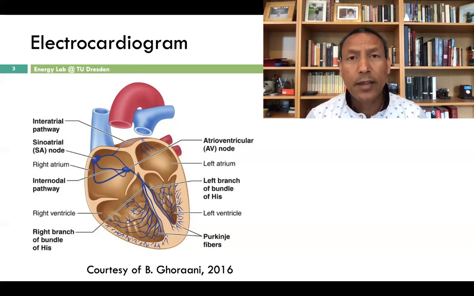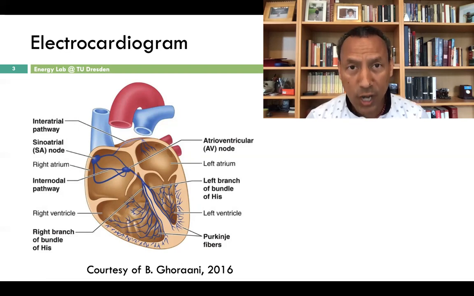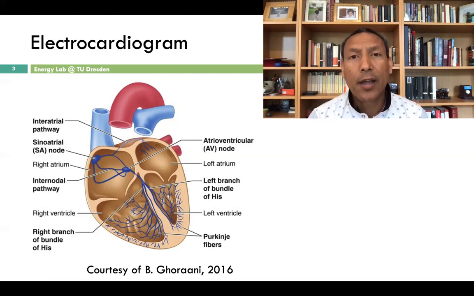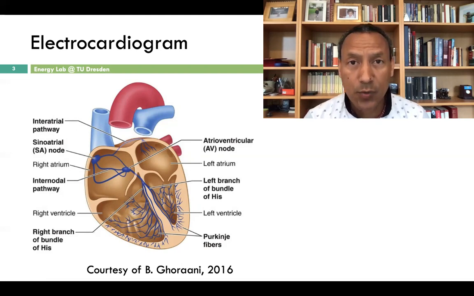The atria momentarily collect blood coming from the body as well as from the lung. And then when these chambers are full, blood is poured into the lower chambers. The lower chambers then pump blood forcefully into the brain, into the lung, and into the rest of the body.